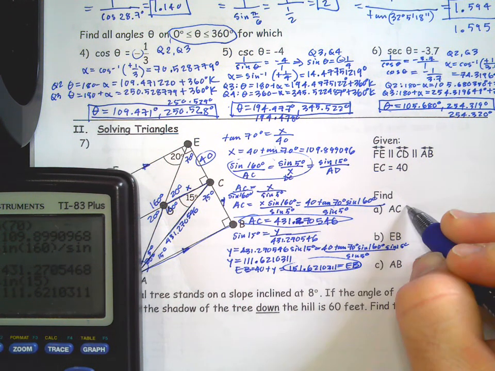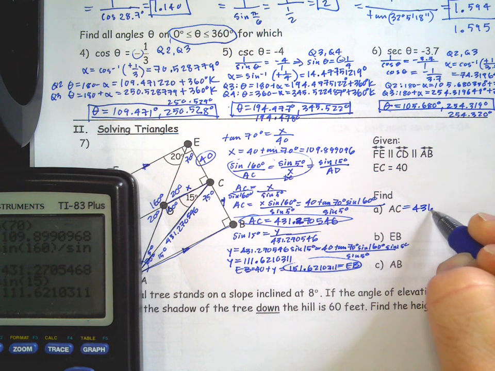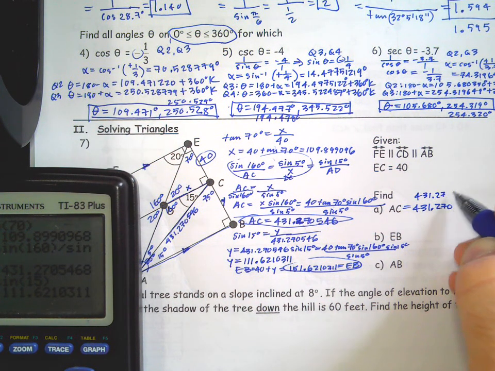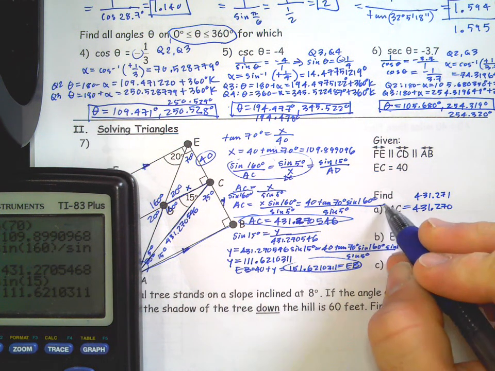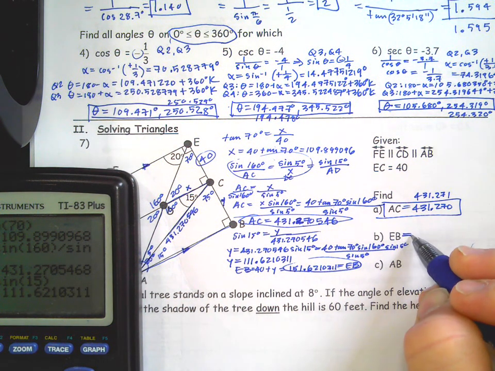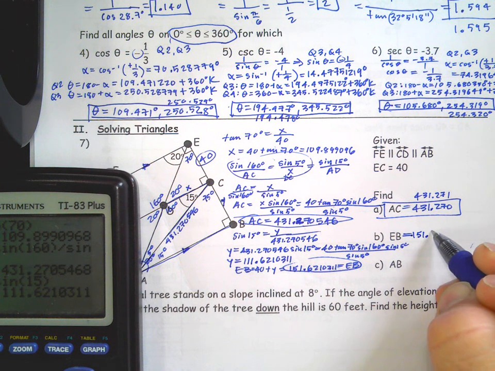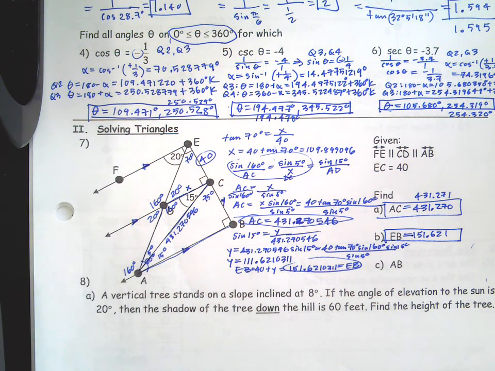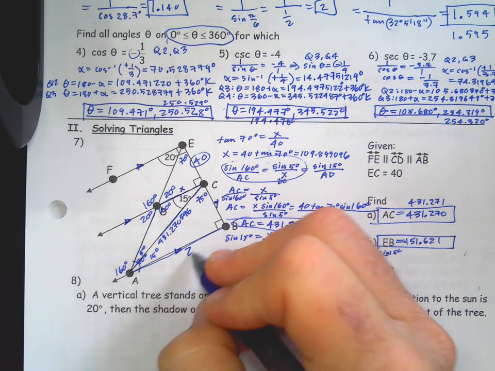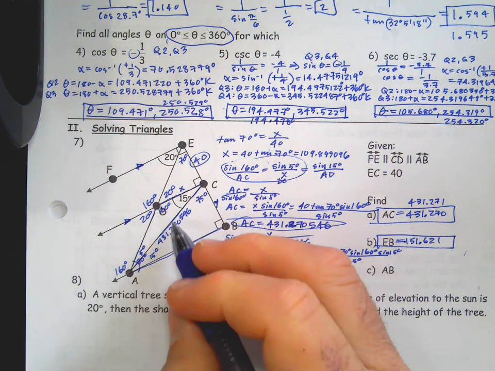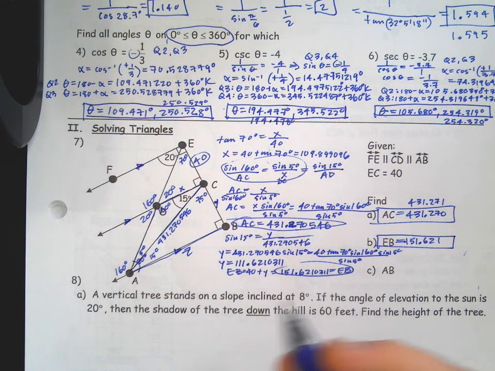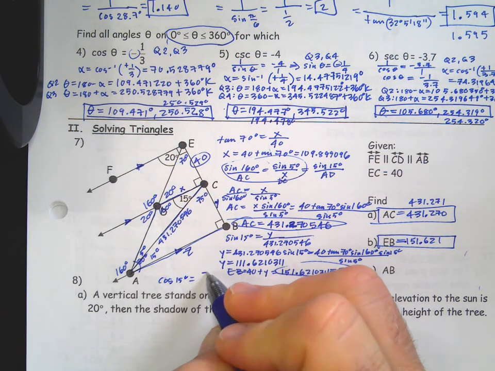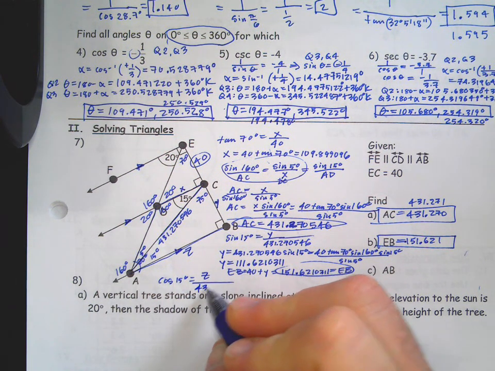So AC is 431.270 or 431.271. Are there any units? No. And then EB is 151.621. Rounded or truncated comes out the same. And then AB is this side right here. So I'm going to call that Z or something. So we could just use that previous value and say, okay, well, cosine of 15 degrees equals adjacent over hypotenuse.